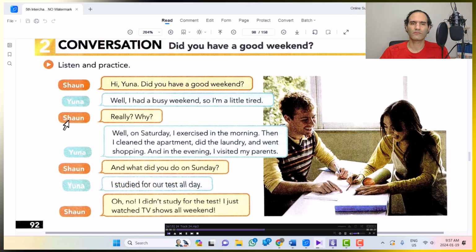Well, on Saturday, I exercised in the morning. Then I cleaned the apartment, did the laundry, and went shopping. And in the evening, I visited my parents. And what did you do on Sunday?